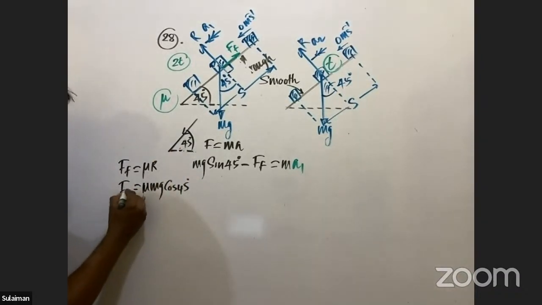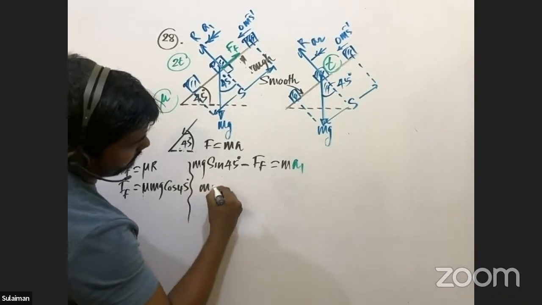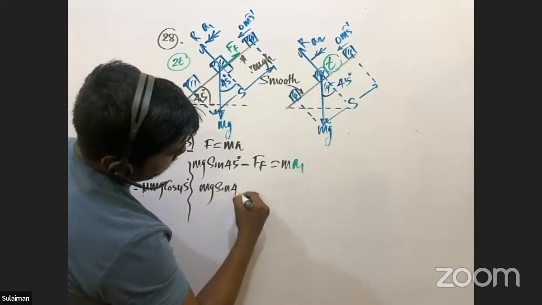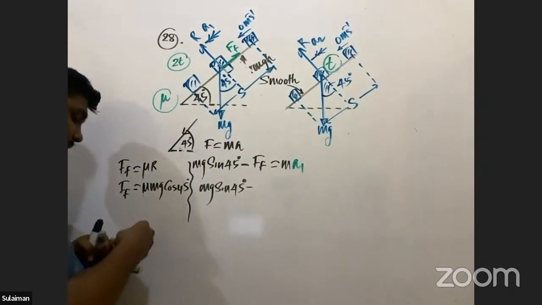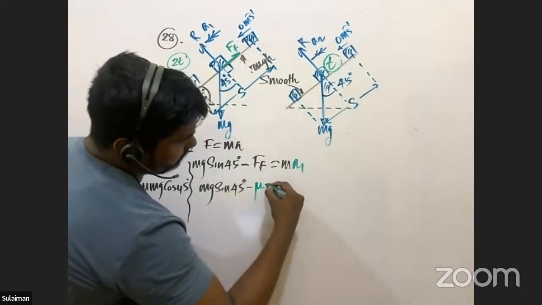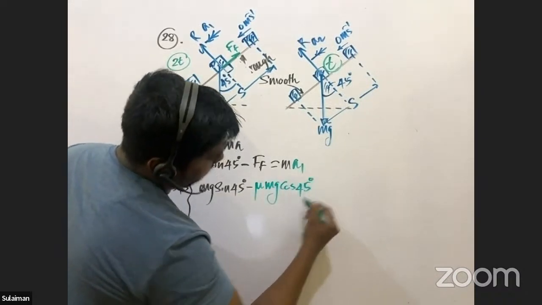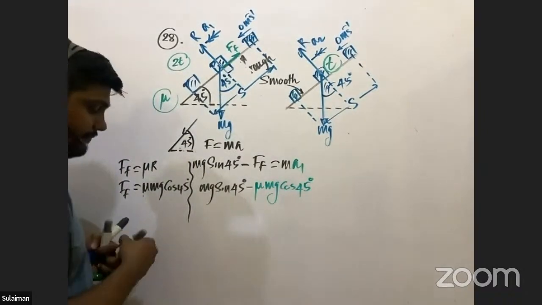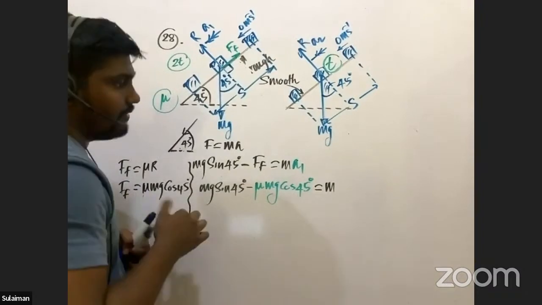So therefore you can write mg sin 45 minus friction force, which is mu mg cos 45, equals m A1.